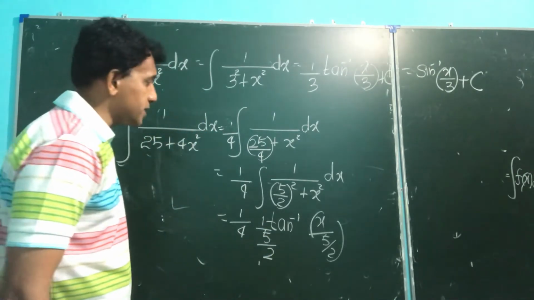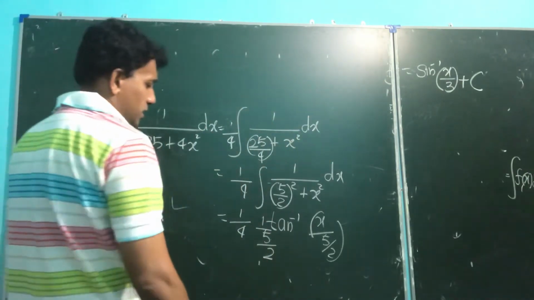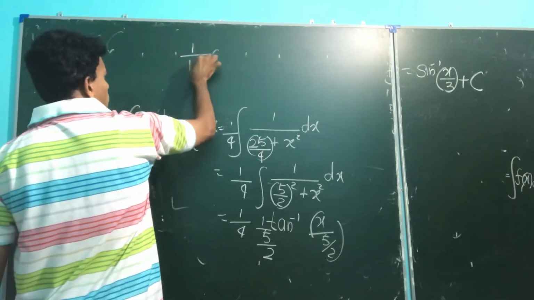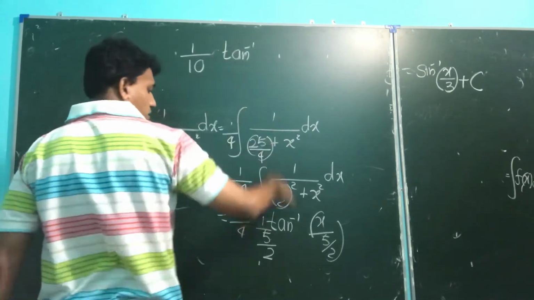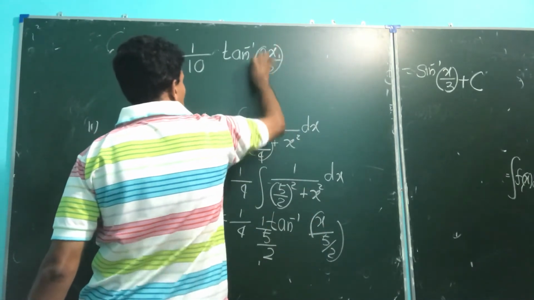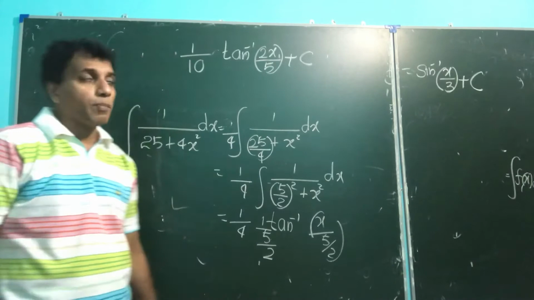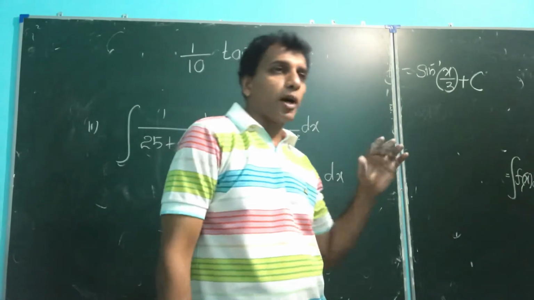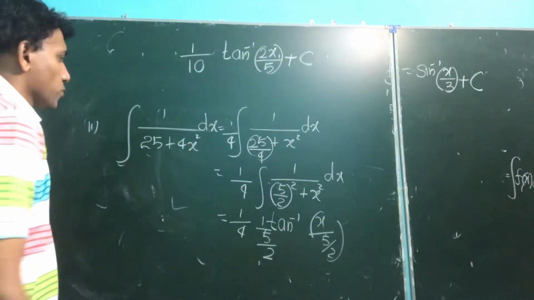Therefore the final answer, if you simplify, this 2 goes up and 2 cuts here, so 1 over 10 tan inverse of 2x over 5 plus c. The 2 goes up inside the inverse, that is a trigonometry partner, you can't cut it. This is one method, where I complete the standard theory part, the 1 over a square plus x square form.